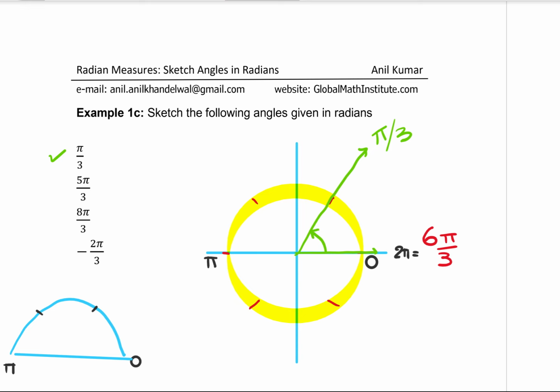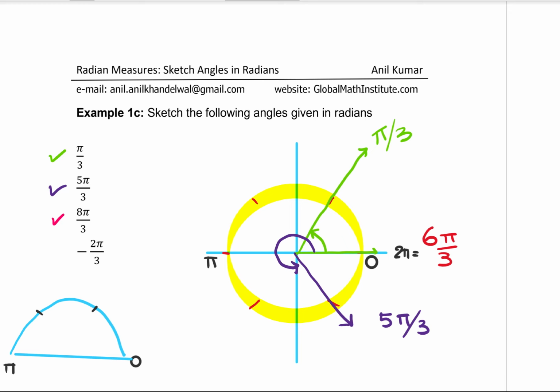Now let's see how to do the next one, which is 5 pi by 3. 1, 2, 3, 4, and 5. So that should give you 5 pi by 3. So we'll connect with the center, and the angle right there is 5 pi by 3. Let's do the next one. So I hope you're finding it easy, right?